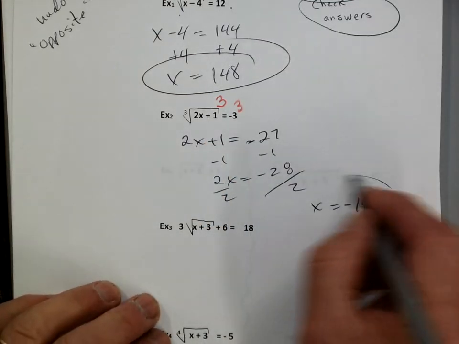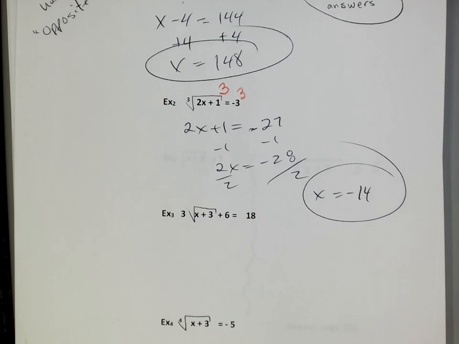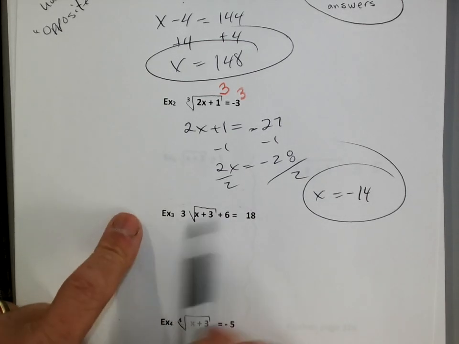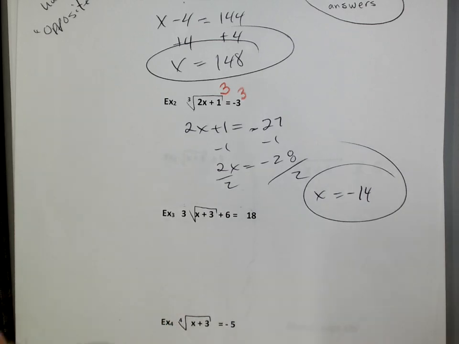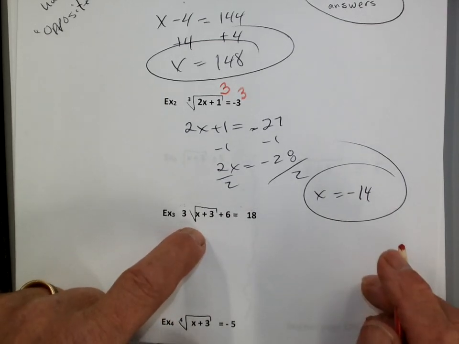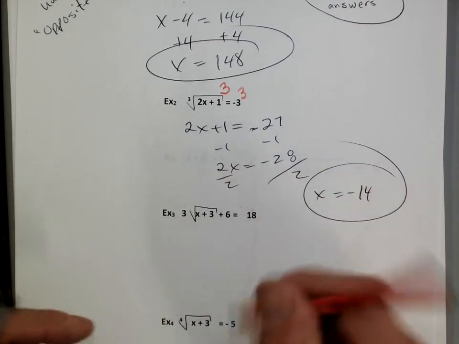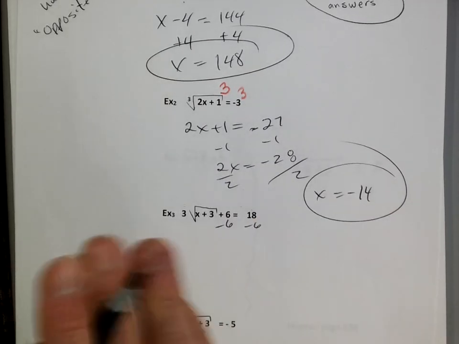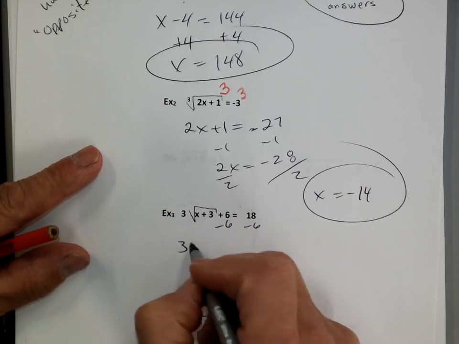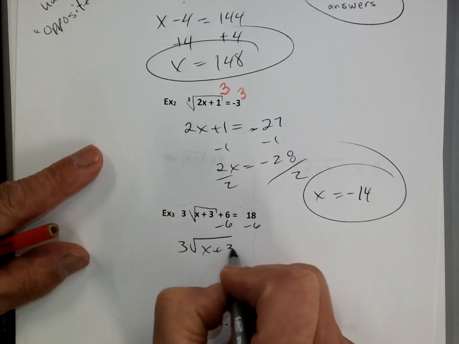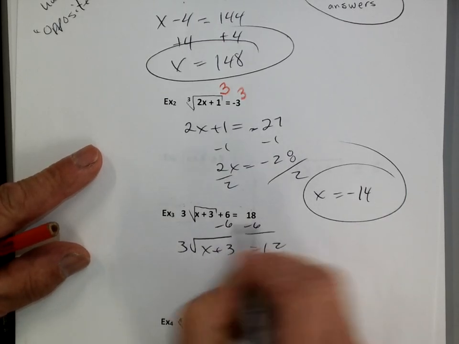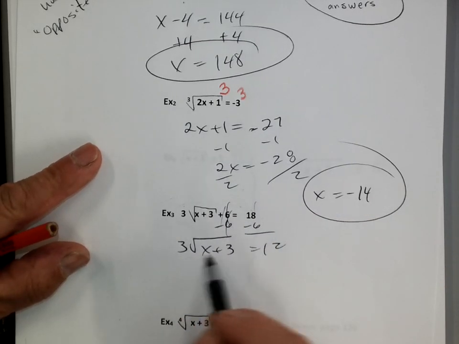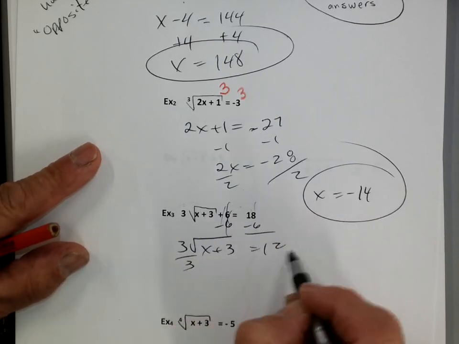Okay, good. Number 3 is a little bit more involved. Before you square it, get rid of all the extra numbers. We got some extra numbers here, so first minus 6, and I've got 3 times the square root of x plus 3 equals 12, right? I'm going to get rid of this 3 because it's an extra number, so I divide by 3.